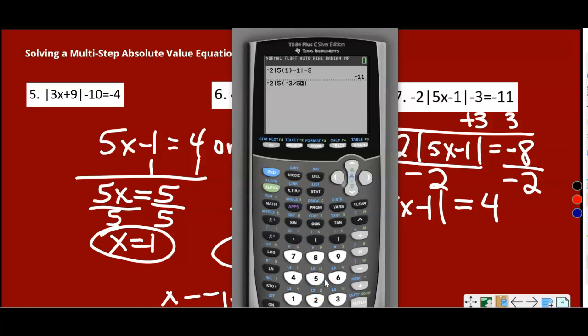Make sure you plug it in correctly. So negative 2 times the absolute value of 5 times negative 3/5, and then minus 1. Go outside the absolute value, and then do minus 3.